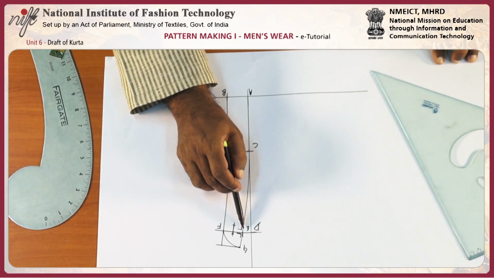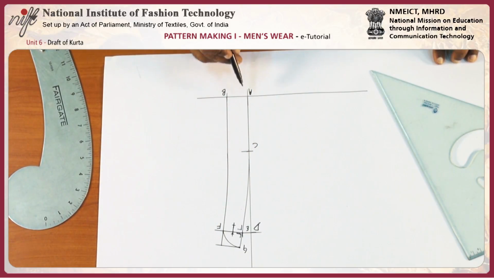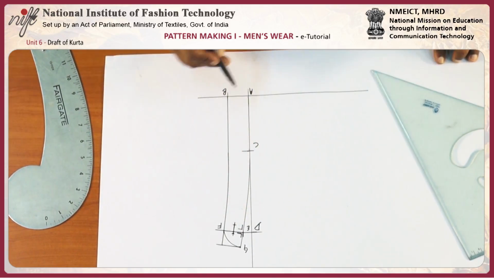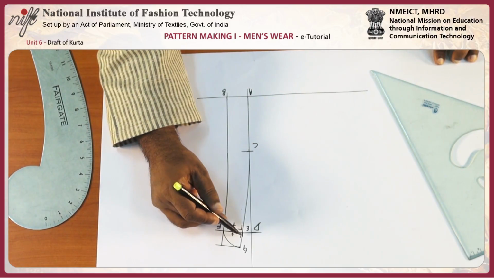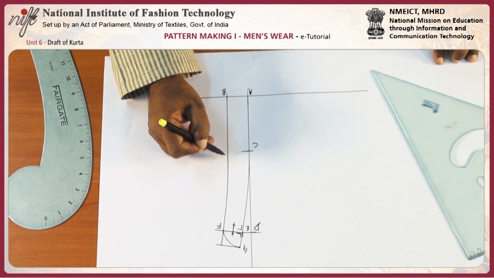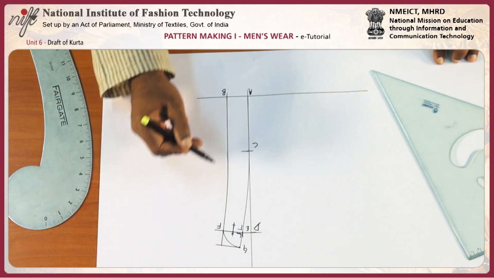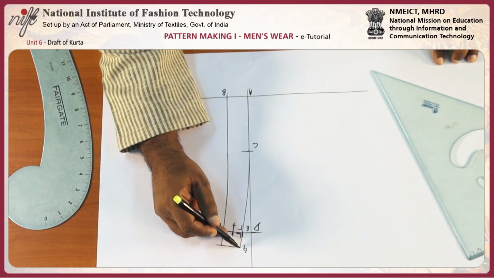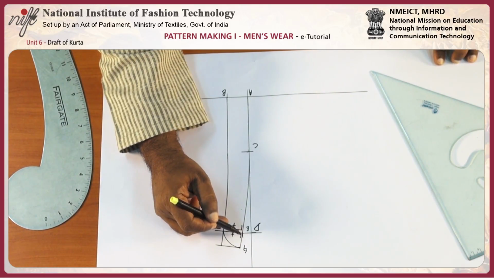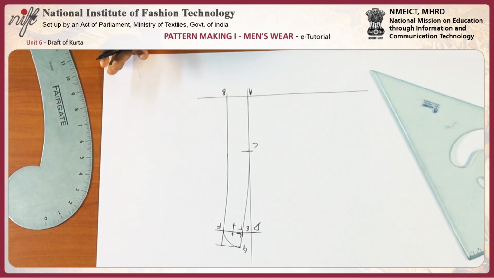On the perpendicular line E to F measured 2.5 centimeter, which is 3 millimeter lesser than the AB width. Then squared from B, then measured the curve with the help of French curve to the point G, which is 2 centimeter from E, half of the placket width. With this the collar band completes.